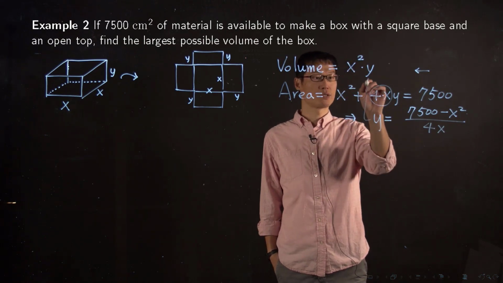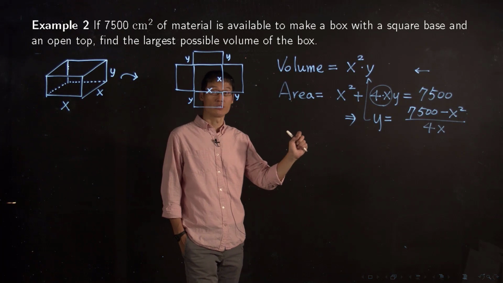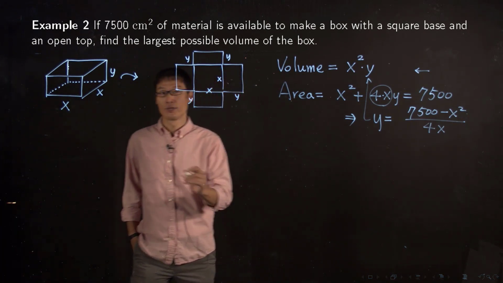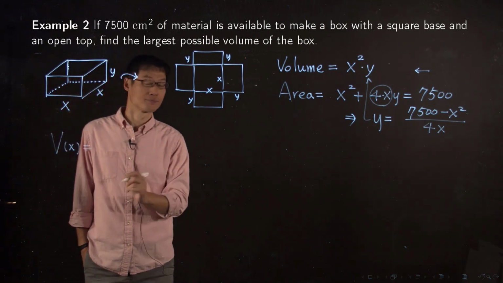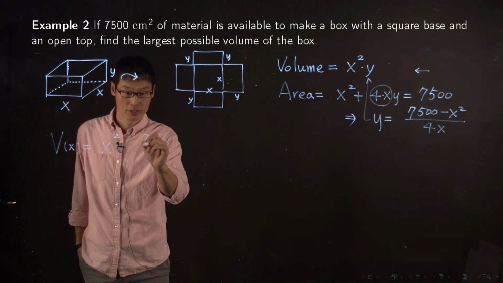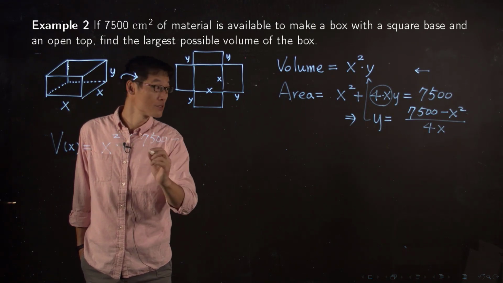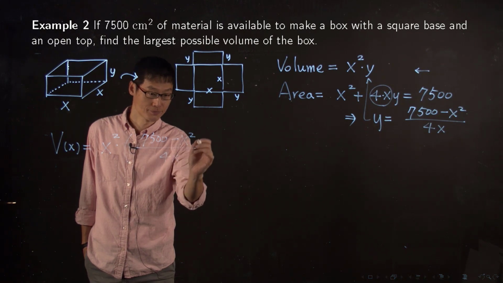And then you replace y by that, then you will get one function solely in x. So volume is going to be x squared times y, which is 7,500 minus x squared over 4x.